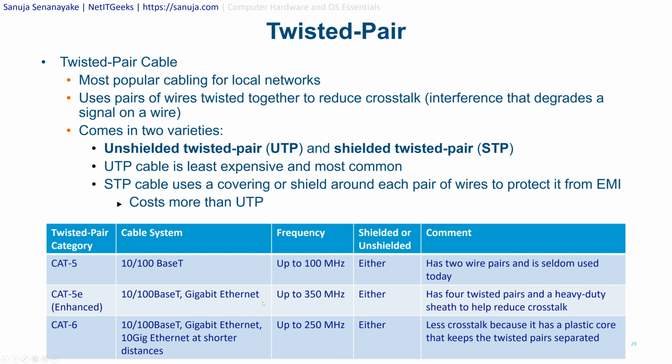So Cat5 is the 100 base T, and it supports frequency up to 100 megahertz. It could be either shielded or unshielded, and has two wire pairs, and is seldom used today because we have an enhanced version of Cat5 called Cat5e, which stands for Cat5 enhanced, because that is an improvement over the Cat5.